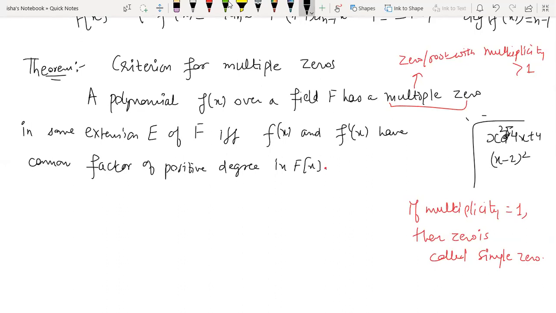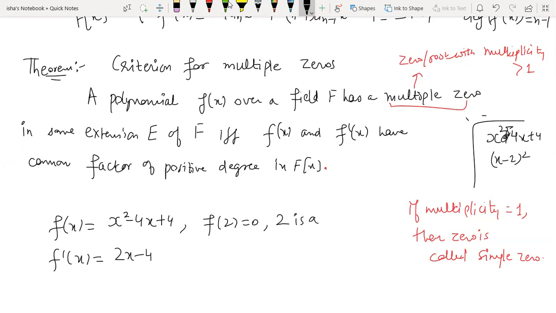So you can take the same example, x square minus 4x plus 4. If you take this as f(x), what is f dash x? 2x minus 4. So we know that f of 2 is 0. So 2 is a 0 of f(x) with multiplicity 2.